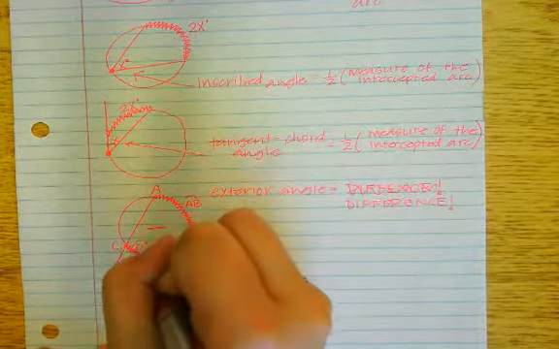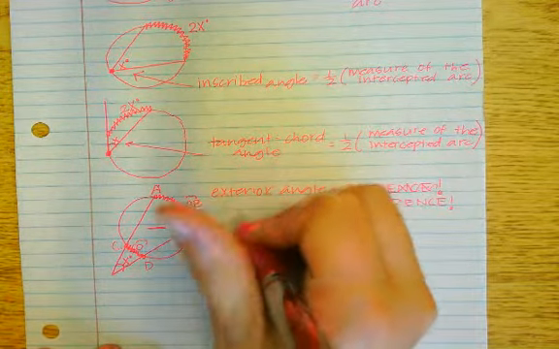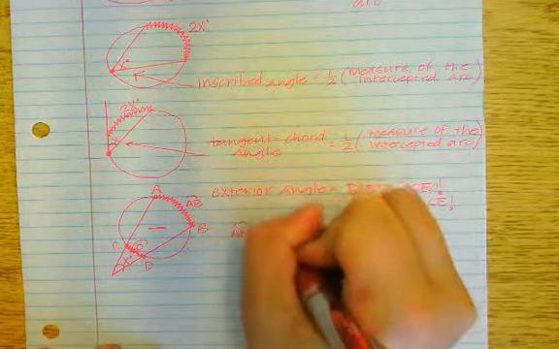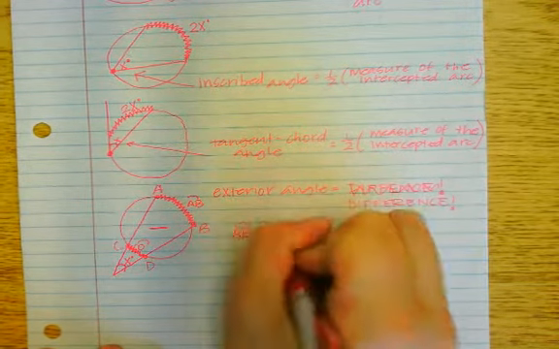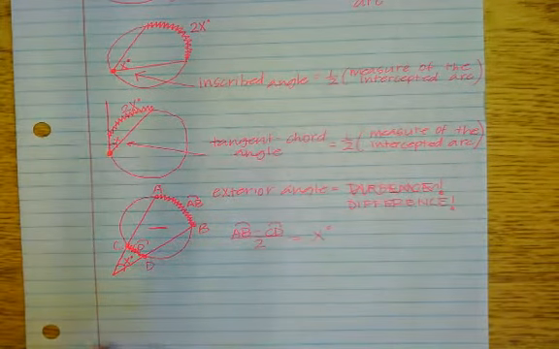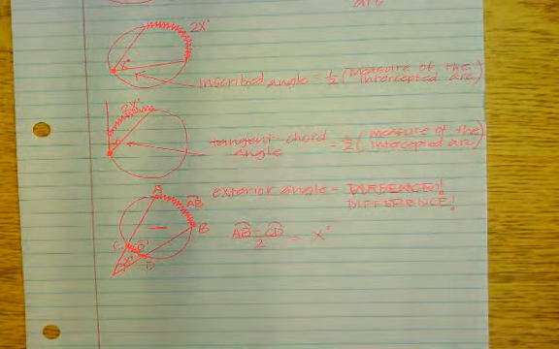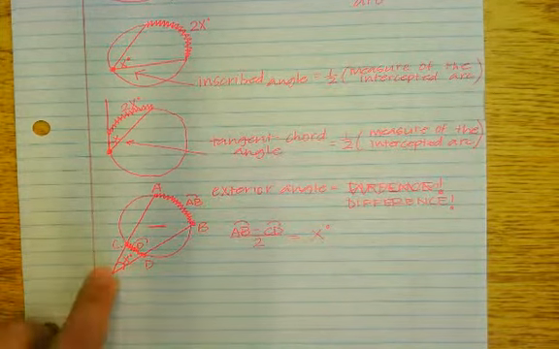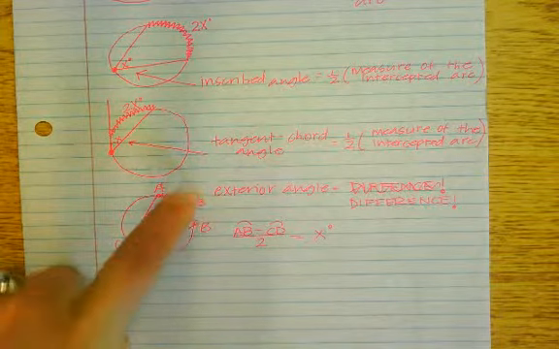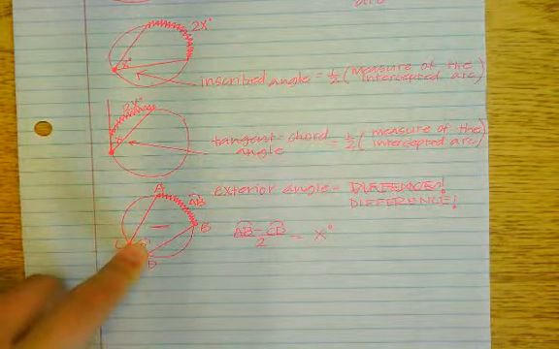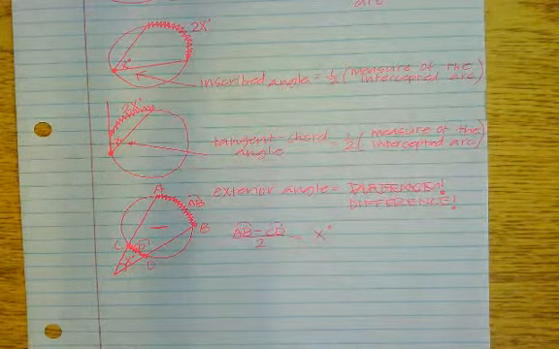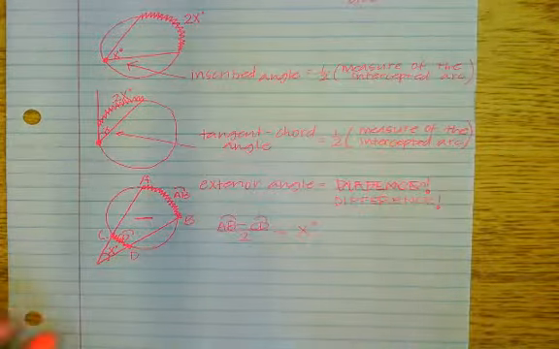So, it's arc AB minus arc CD divided by 2, and that equals X. You always do the one farthest away first, so this one farthest away minus the closer one equals X. So you kind of work backwards.